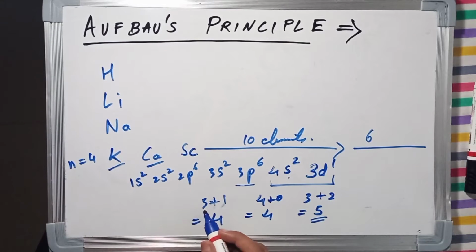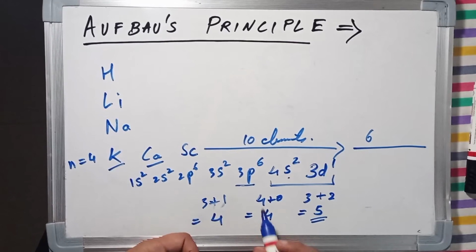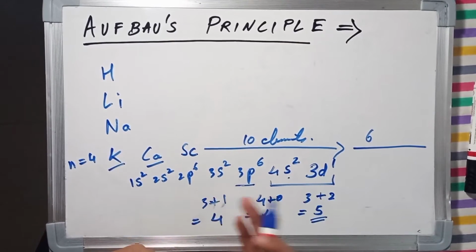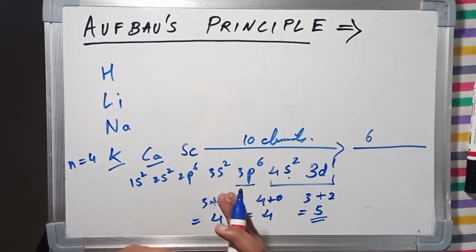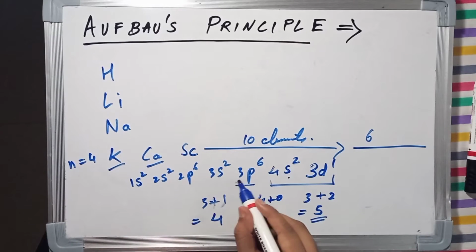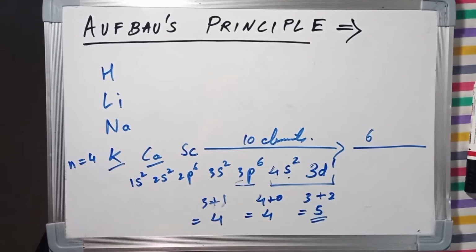The n plus l value of both these subshells is 4, and 3 is a smaller number than 4. In case of a conflict, we decide by the value of n, the orbit or shell number. It is 3, which is lower than 4, so 3p was filled before 4s.